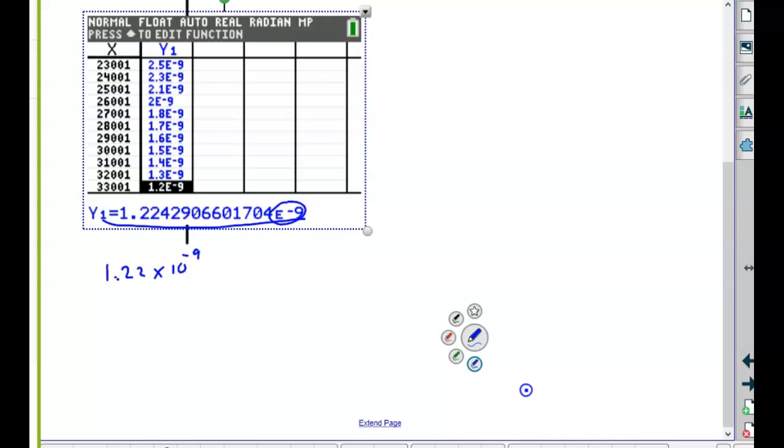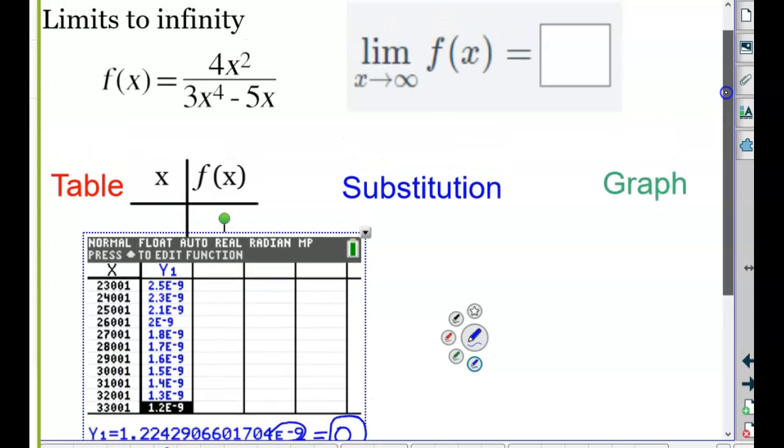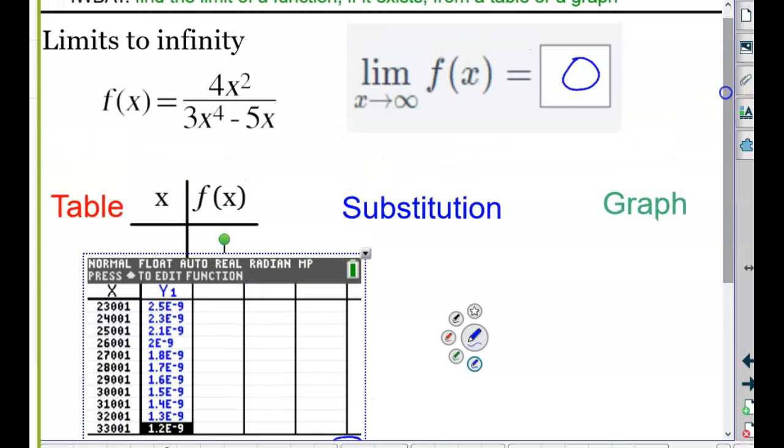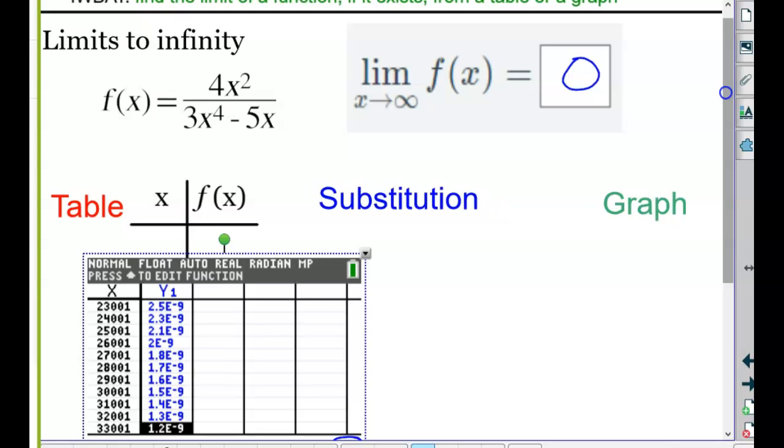And then I'm going to make this jump 1, 2, 3, 4, 5, 6, 7, 8, 9. That number is basically 0. It's so small that you're going to hit 0. So, my answer is 0.